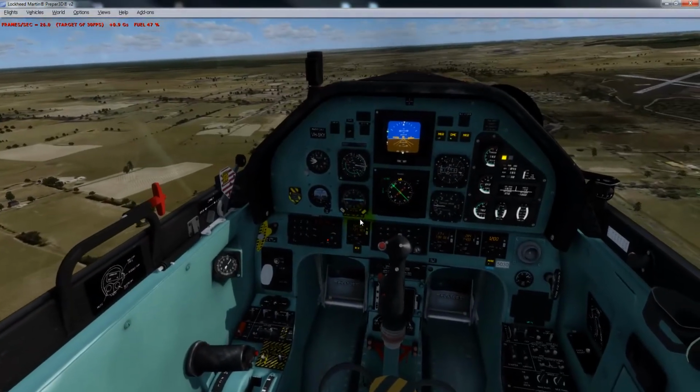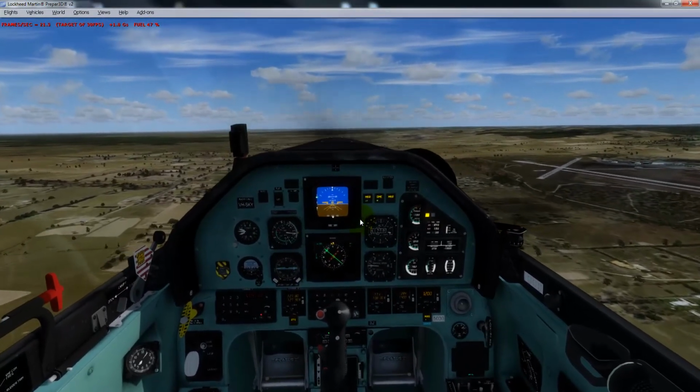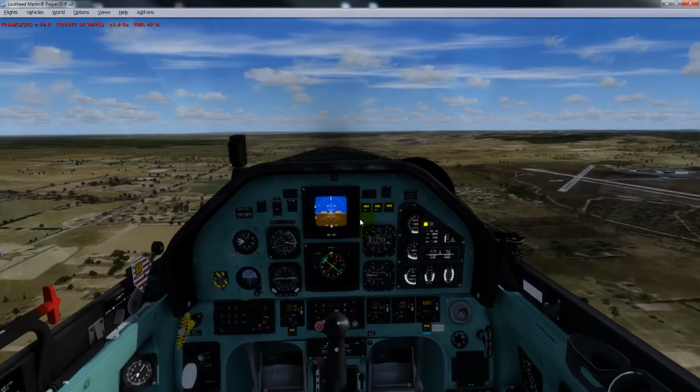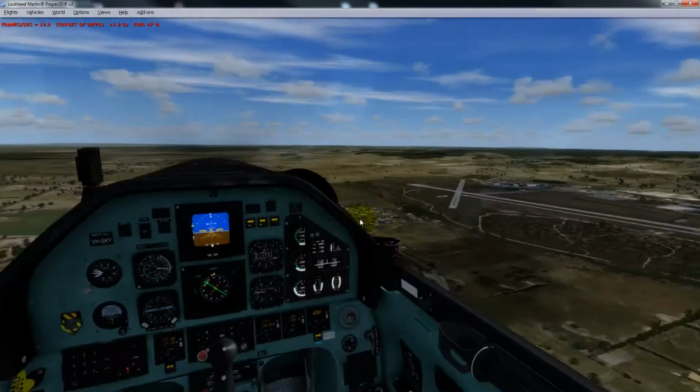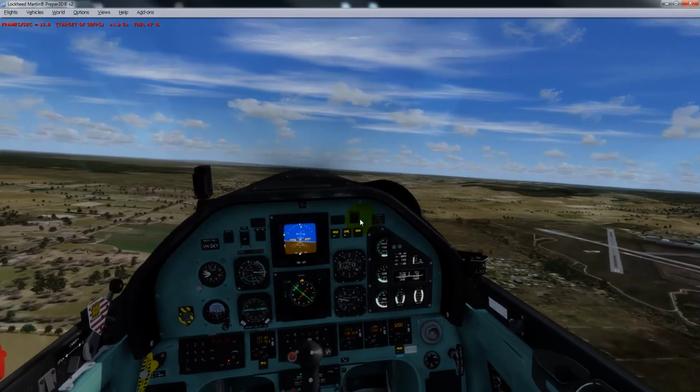So the big one here is we want to trim the aircraft out. We don't want to be fighting it. And we're on our downwind leg at the moment. We're not exactly completely straight either, so let's get ourselves straightened up.